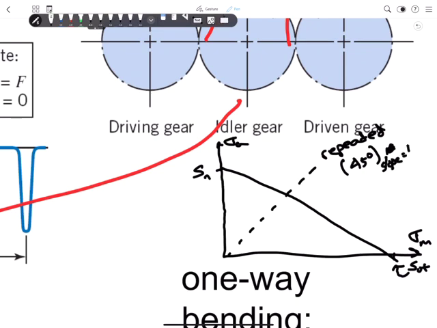What does that do? It effectively adds this mean stress in, but it's a known mean stress because it's at 45 degrees. And if we say this is about 0.5 SUT, then we know the slope here, we know SUT, we know half of SUT, so this all works out to be the same every time. So we have effectively a lower endurance strength.